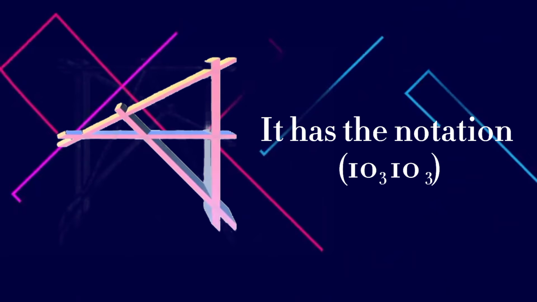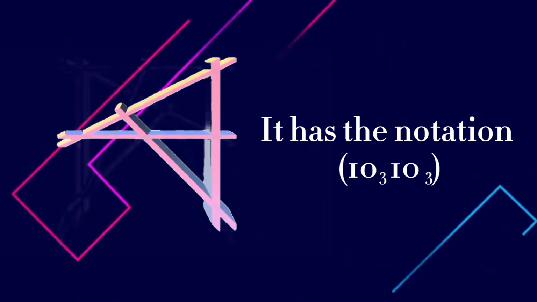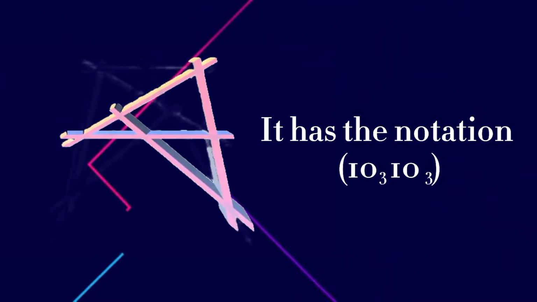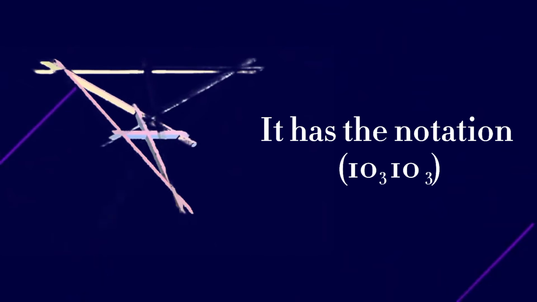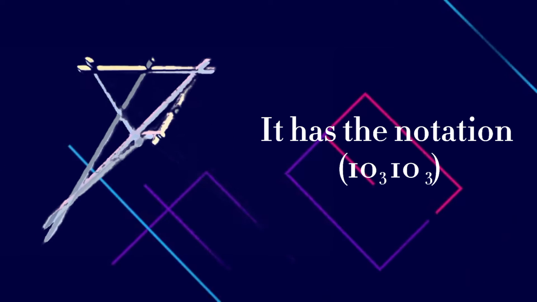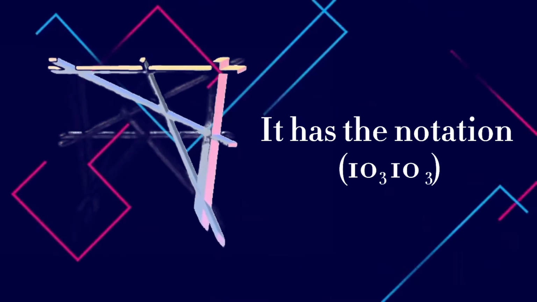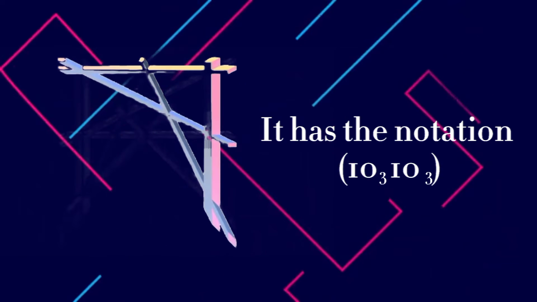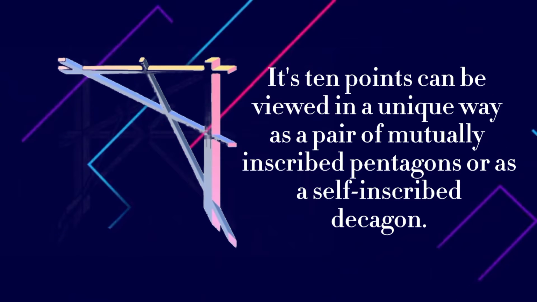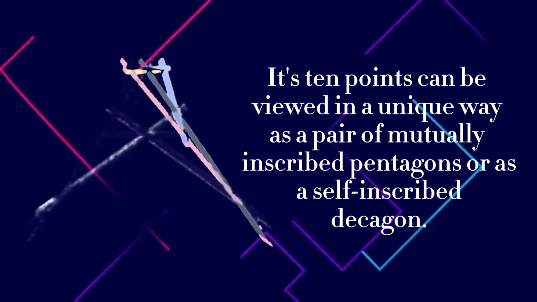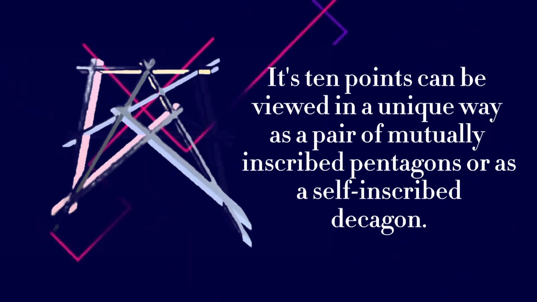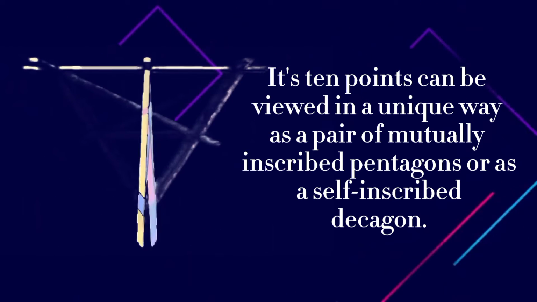The Desargues configuration has the notation 10 sub 3, 10 sub 3, meaning that each of its 10 points is incident to 3 lines and each of its 10 lines is incident to 3 points. Its 10 points can be viewed in a unique way as a pair of mutually inscribed pentagons or as a self-inscribed decagon.